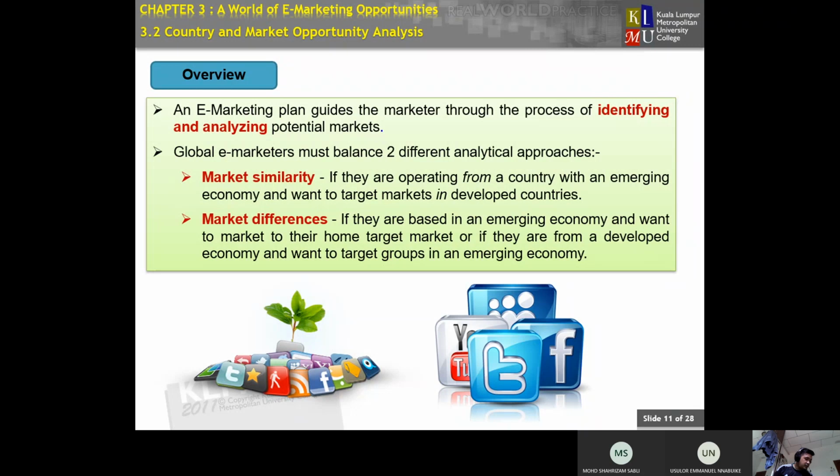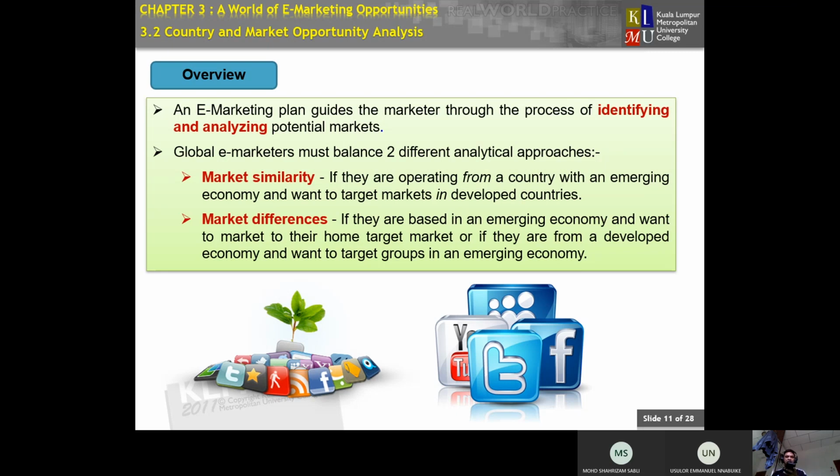The meaning is that you are from an emerging economy and want to sell your product in a developed country, but it is the same type of product as other businesses are selling in that particular country.